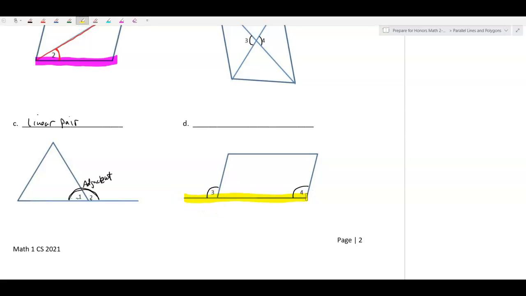So that's our transversal. 3 touches this line, 4 touches this line. So if I go by definition, same side of the yellow line, which is a transversal, 3 is exterior, 4 is interior. So those would be corresponding angles. Go ahead, try the homework, and let me know if you have any questions.